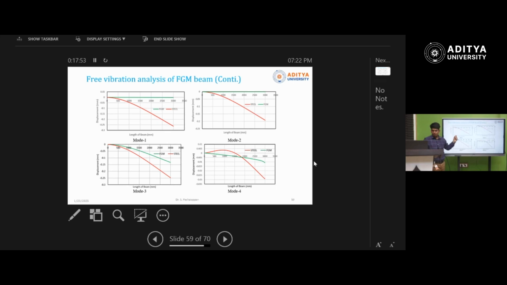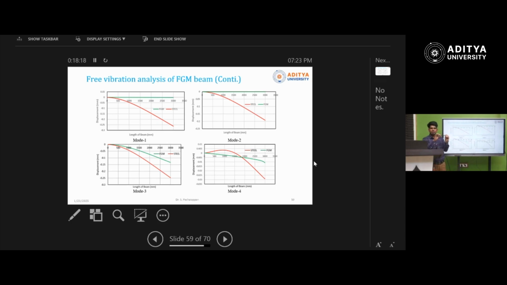Here you see in the first mode, the displacement is translation. Okay, it is displacing only in one axis. In the second mode also, the displacement is not complex. Third mode also, the displacement is not complex. But if you observe the fourth mode, it is the torsional mode. Torsional mode means what?